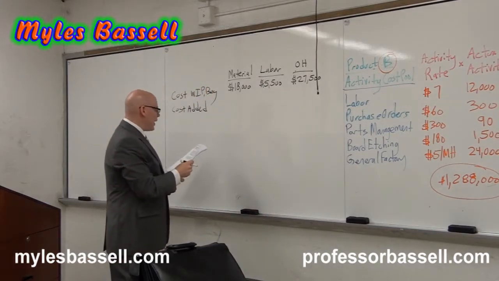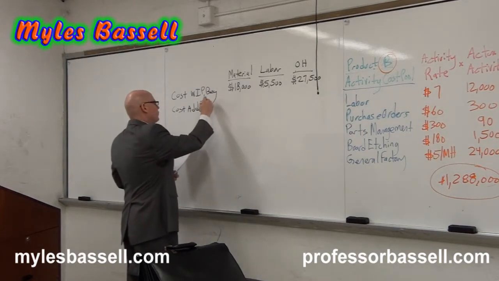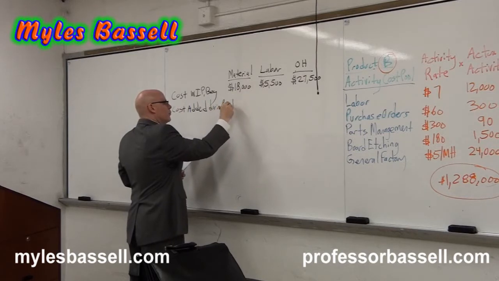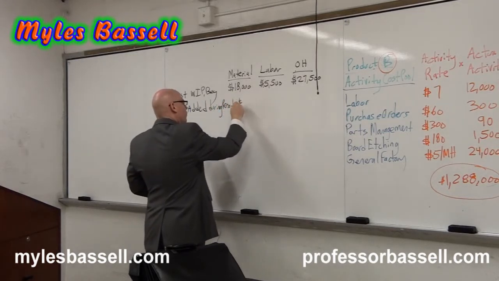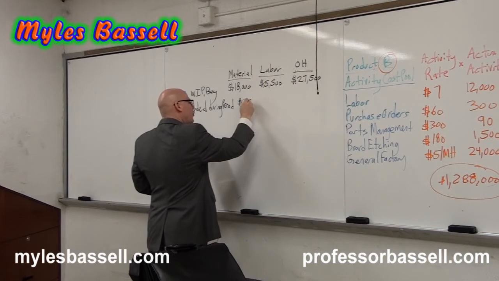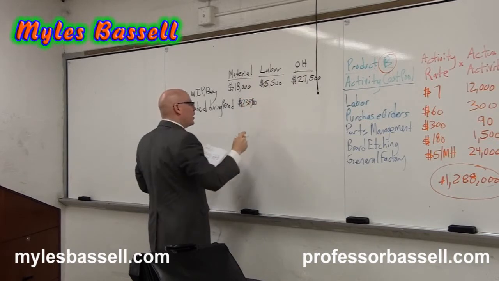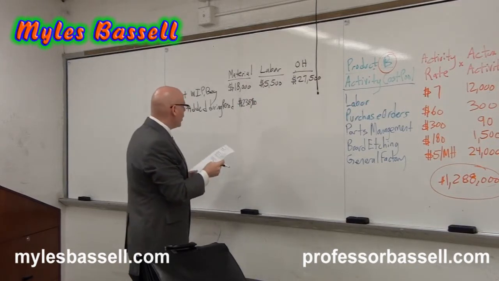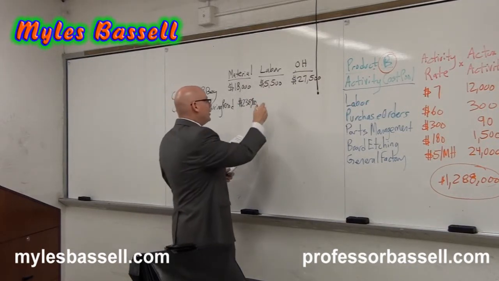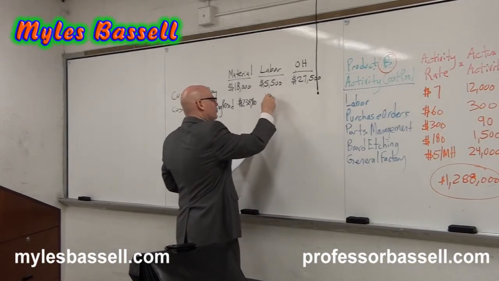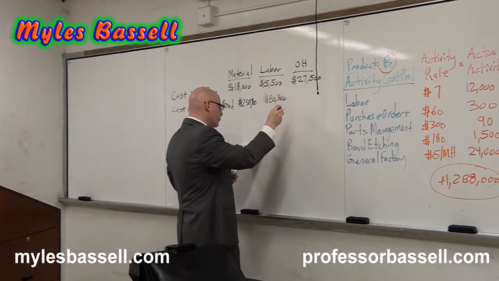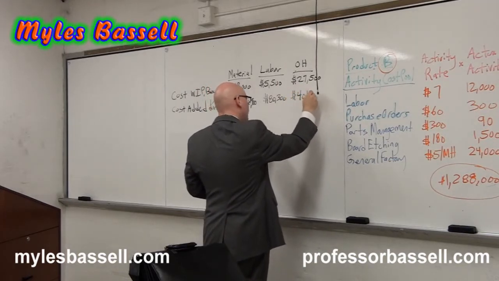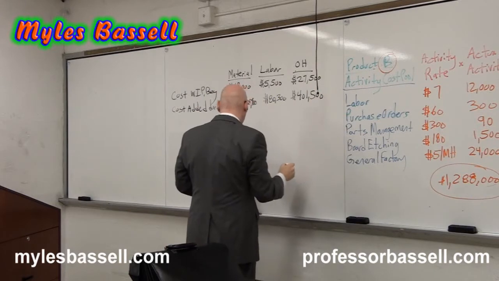So we know that the costs added during the period are how much? $238,900 for materials. So we used $238,900 worth of plastic, right? And $8,300 labor. And then we have overhead is $401,500.